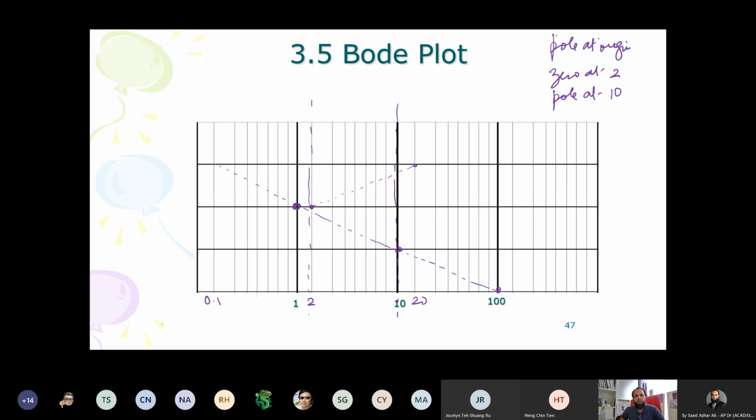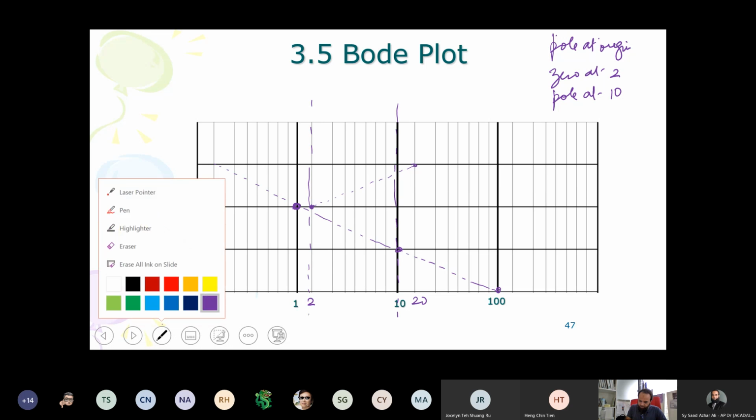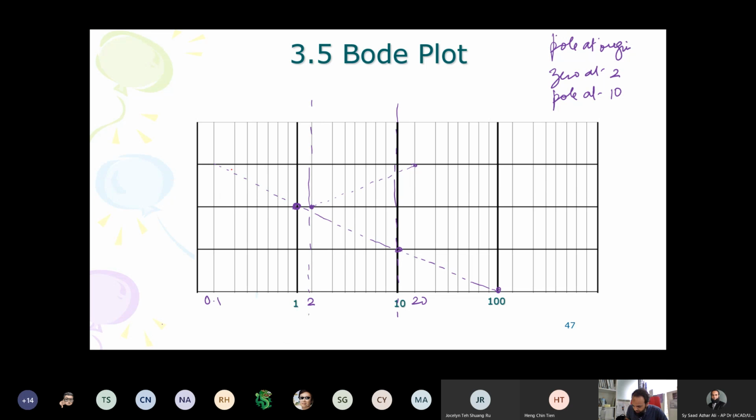So what do we have from the beginning? The first thing that we have is this line. So let me make it solid, let me use another color, solid until the next corner frequency. So at 2 we will have 0.